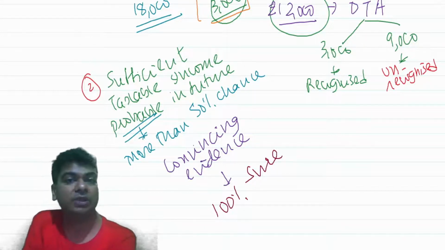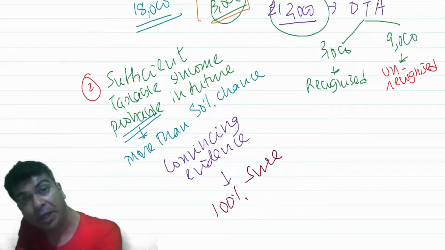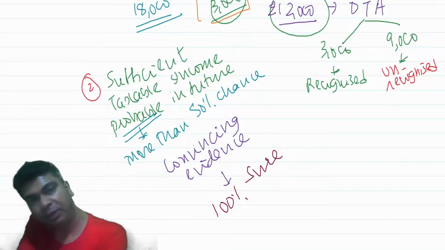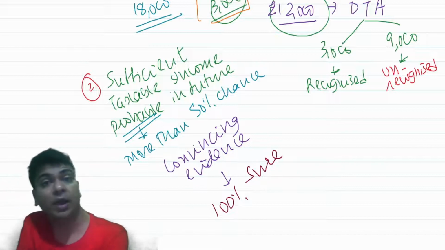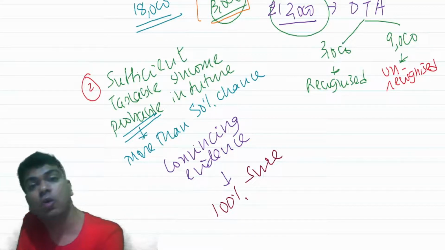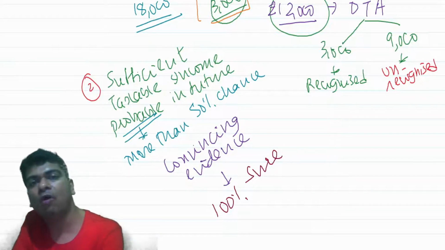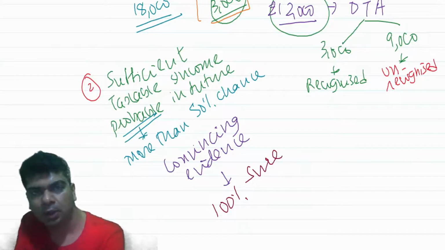But then Ind AS 12 says please be careful. If you are having taxation loss in the current year or maybe in the previous year, the words used are that if you have a recent history of taxation loss, you can recognize DTA provided you are 100% sure that there shall be taxable profit in future.